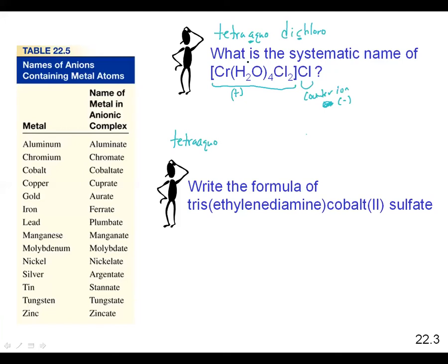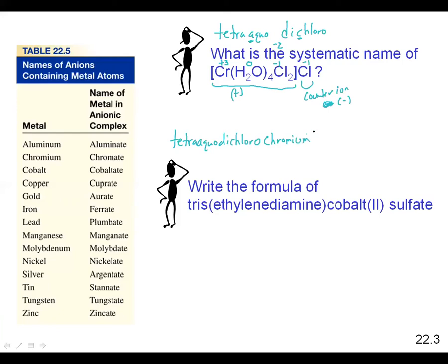Water is 0. Chloride is -1, and there's 2 of them, gives us a -2. There's also a chloride on the outside that's -1. All that together tells us that the chromium here is +3 in terms of its oxidation state. And since the complex ion here is positive, we can use the regular name for chromium.